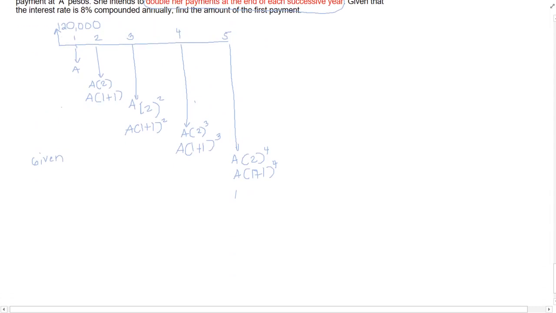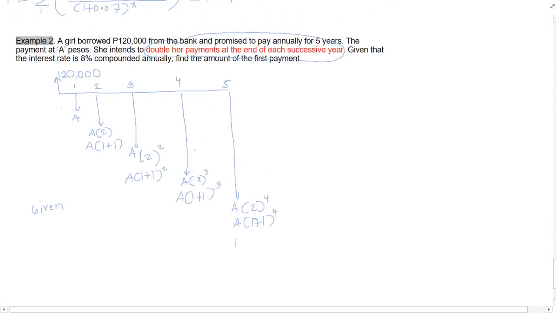Okay, so the given there is your t, which is 5 years, and for the present worth, that is 120k, the money borrowed.